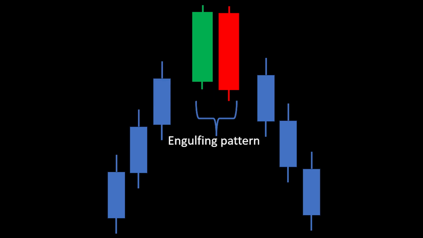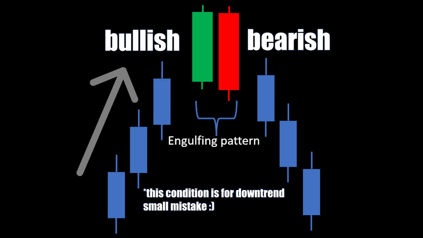This candlestick pattern is composed of two candles. The larger the engulfing candles are, the more significant they become. In this picture, you can see a downtrend engulfing pattern. These conditions should be met before we consider these two candles an engulfing pattern. First, the trend should be bullish. Second, the left candle must be bearish and the right candle must be bullish.